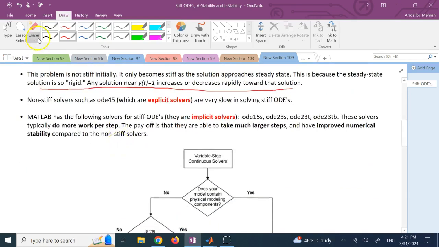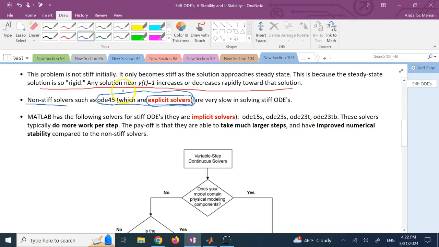And one important thing now, one major difference between ODE45 and the explicit solvers that I mentioned in my previous video when I talked about variable step size solvers: ODE45 and the other group of ODE solvers that come with it are not for stiff ODEs, as I mentioned, and they are all explicit solvers.